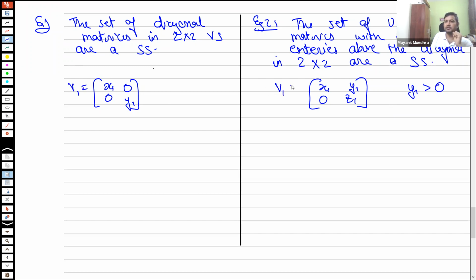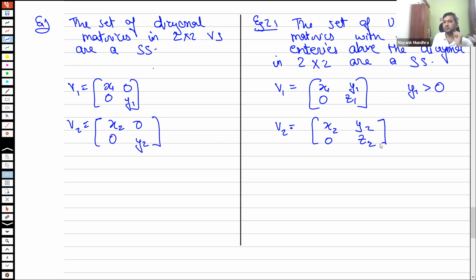Then a vector v2 here would be x2, y2, 0, z2 with y2 positive. The crucial thing in the definition of example 2 is the non-zero entries above the diagonal. These entries above the diagonal have to be non-zero.